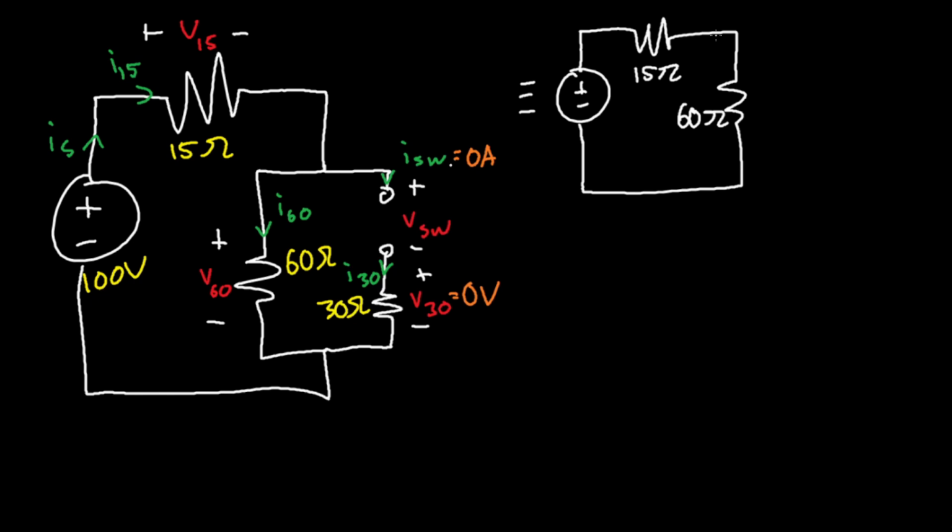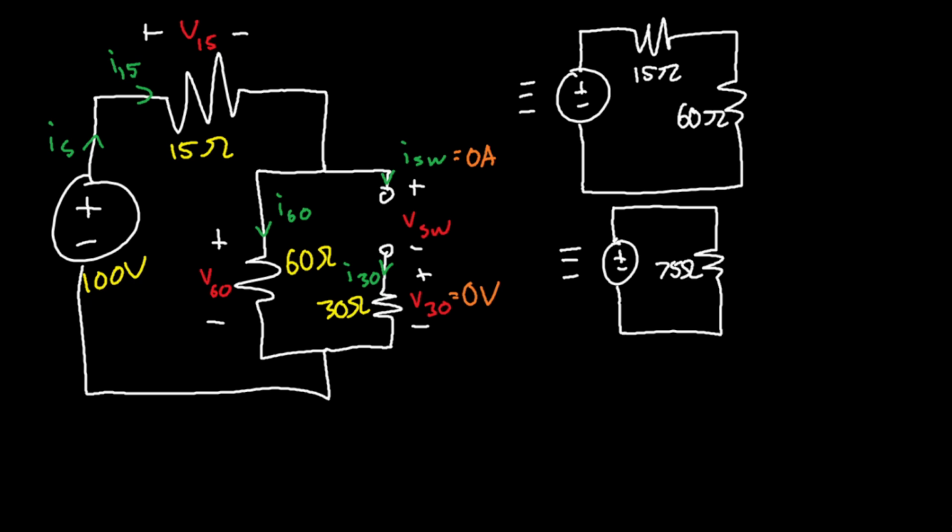Well, once we've done that, we can combine these. These are in series, right? So if we combine them, we should get a singular resistor of, bro, I'm drawing this so terribly, of resistance 75 ohms, right?